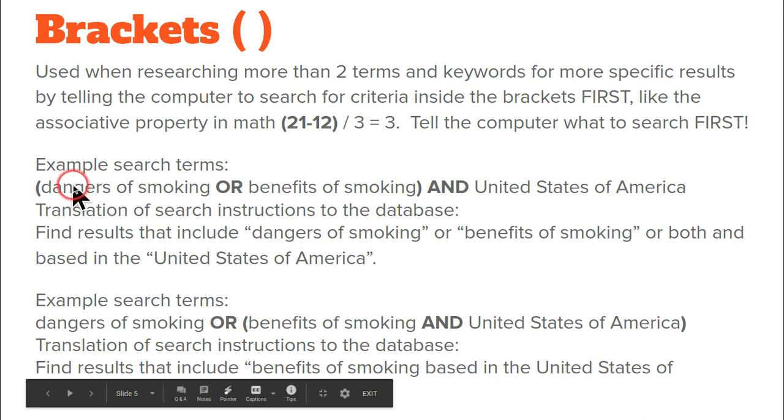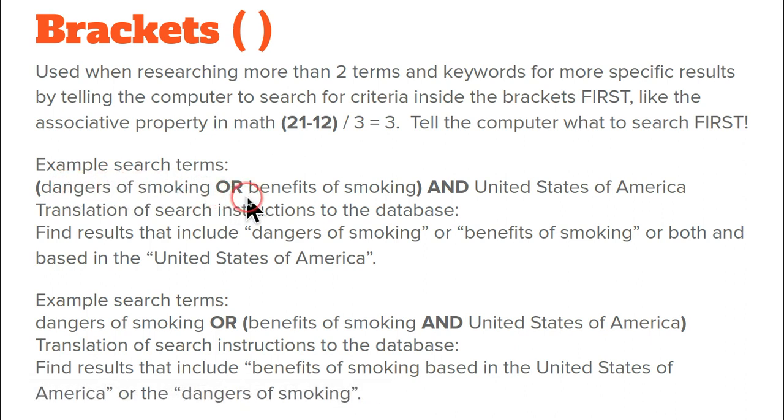So if our brackets were placed around dangers of smoking or benefits of smoking, that translates to the database. So basically, you are telling the computer, hey, find results that include dangers of smoking or benefits of smoking or both, and results that are based in the United States of America.